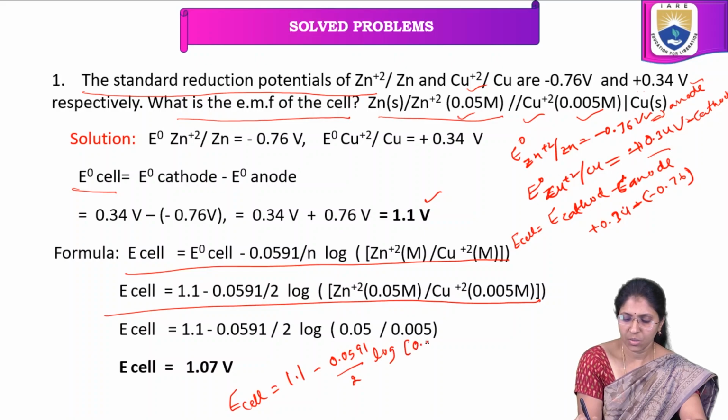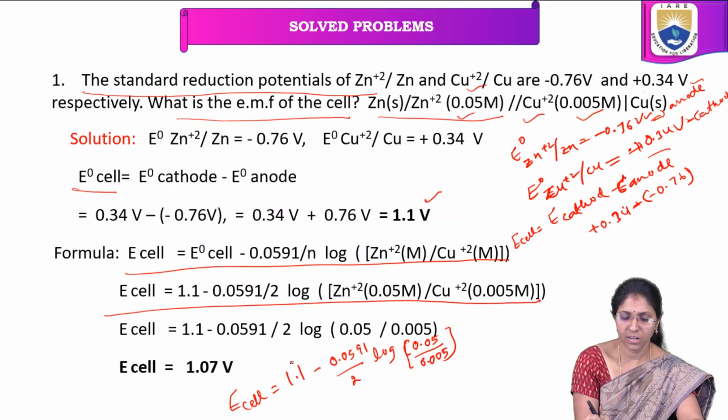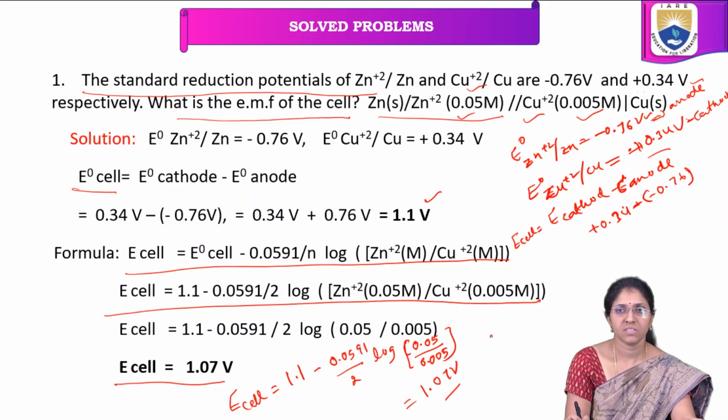The concentration of Zn2+ is 0.05 and the concentration of Cu2+ is 0.005. By substituting these values, the E cell value is 1.07 volts.